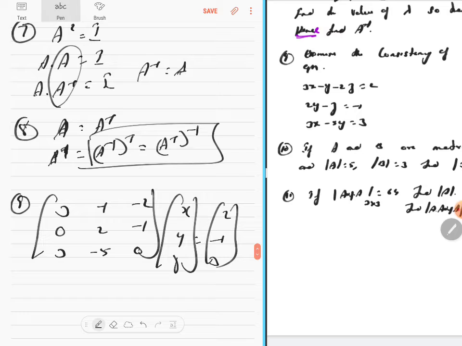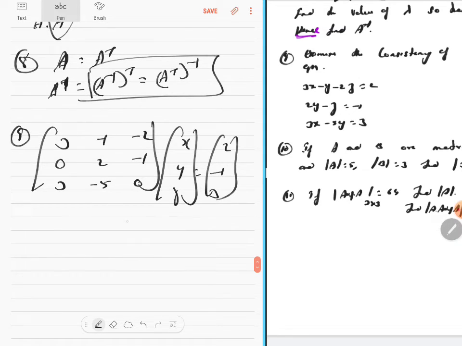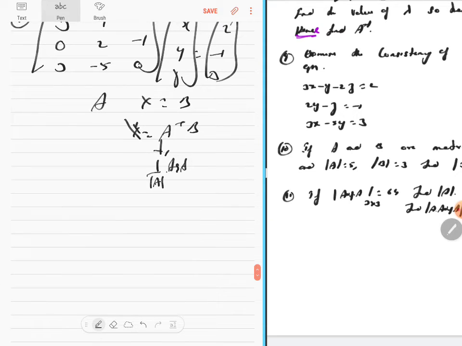So A into X is equal to B, X is equal to A inverse into B, and to find A inverse, it is 1 by determinant of A into adj of A, and to be able to find this, determinant of A should never be equal to 0. Then only you can find it and it will become a consistent equation. So determinant of A should not be equal to 0.